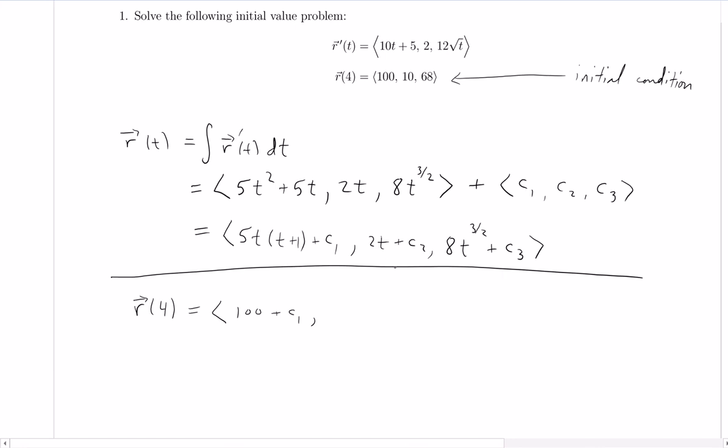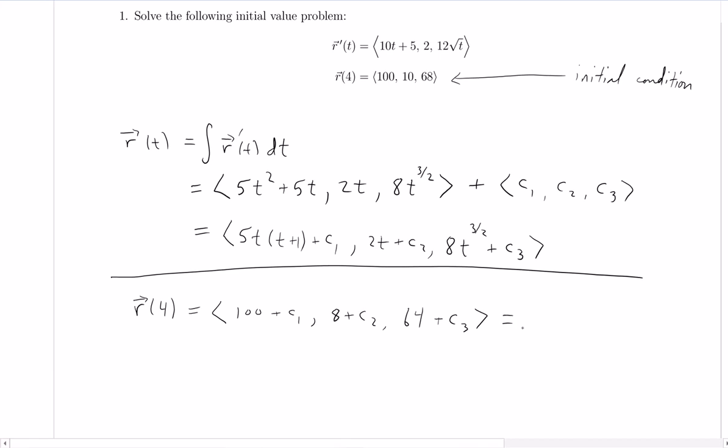If we plug in 4, this is 8. And if we plug in 4, let's see, what's 4 to the 3/2? The square root of 4 is 2, and then cubed is 8. So 8 times 8 is 64.